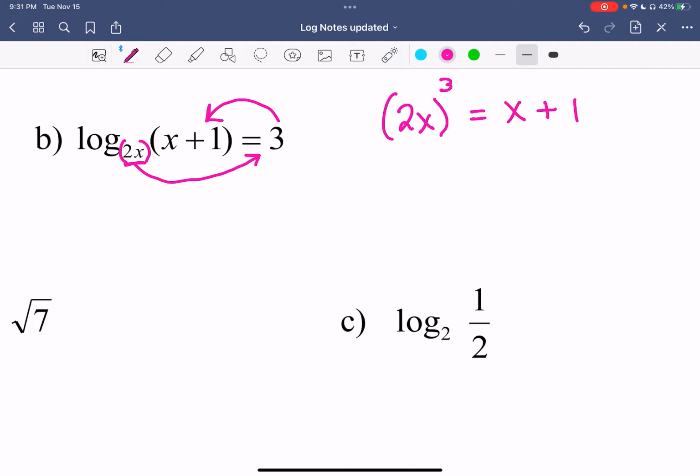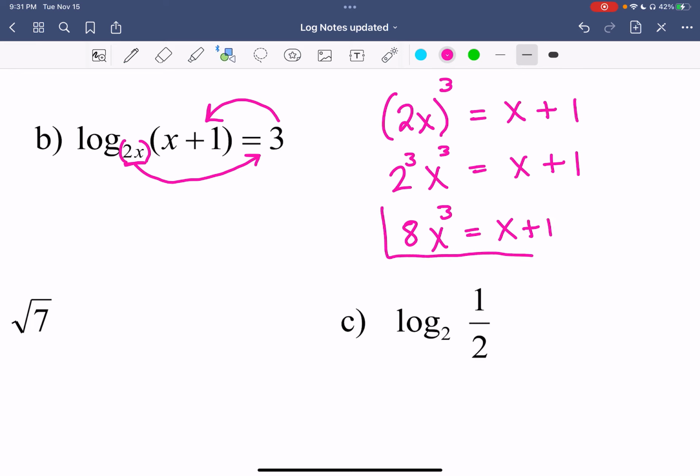Now that's important because the next step will be to distribute the cube, so this becomes 2 cubed x cubed is equal to x plus 1. Okay, and 2 cubed is 8. x cubed stays alone. So your final answer is 8x cubed is equal to x plus 1.